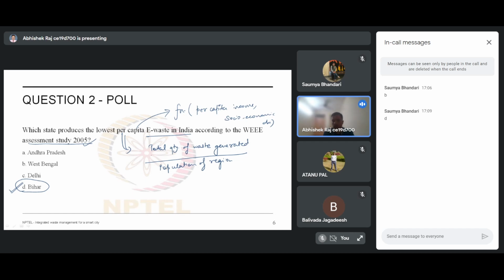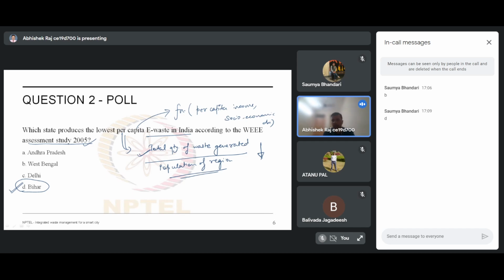It can also be that even if the total quantity of waste generated in Bihar is on par with any other state, the increased population of the state makes the per capita value go down. So the total quantity may be the same, but the per capita value will be low.